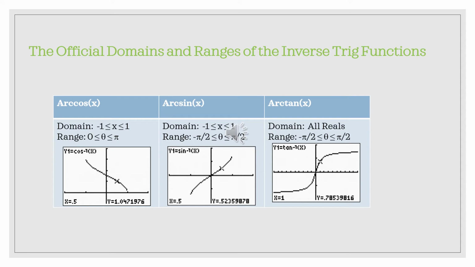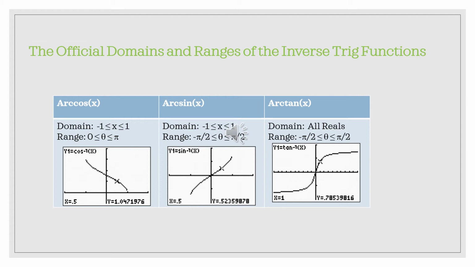To solve that issue, if we considered rotating negative angles, if we considered rotating clockwise from 0 to negative pi over 2, I hit negative values of sine because y is negative. So we're going to make the official range for arc sine negative pi over 2 to positive pi over 2. And that way that range is all connected. And you can see that in the graph.